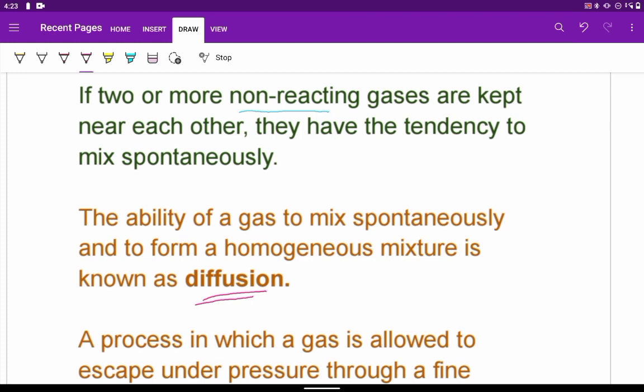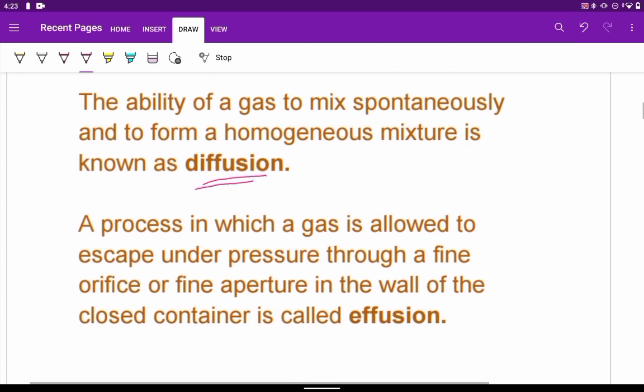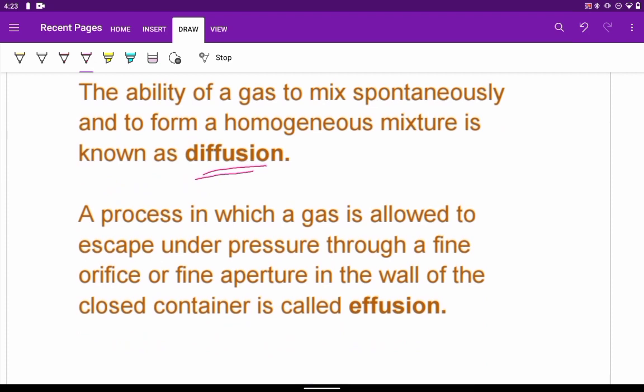Graham's law of diffusion is also applicable to another phenomenon, effusion. So it is necessary to state that also. What is effusion? It is a process in which the gas is allowed to escape under pressure. When a gas is in a closed container and pressure is applied on it, there is a chance that the gas will escape out.